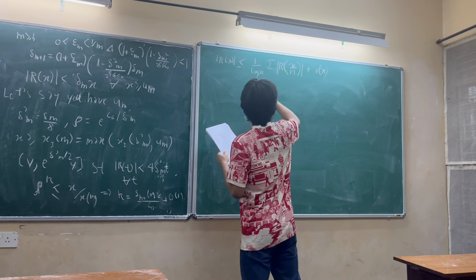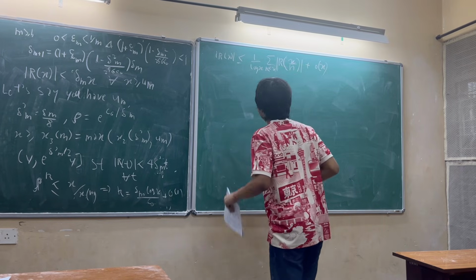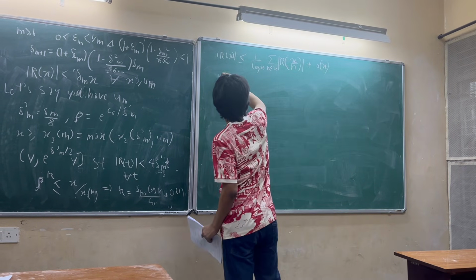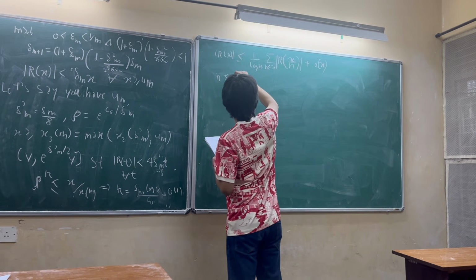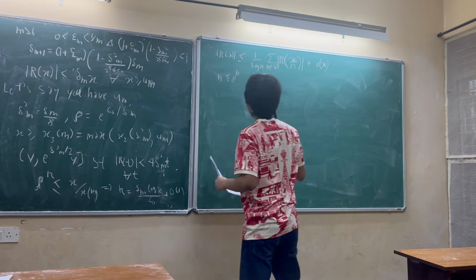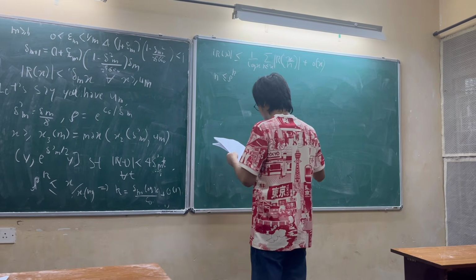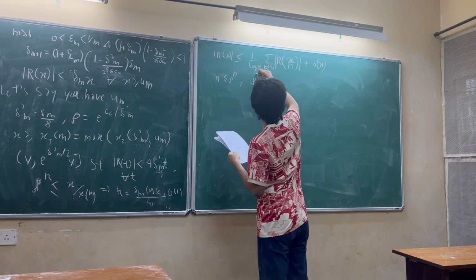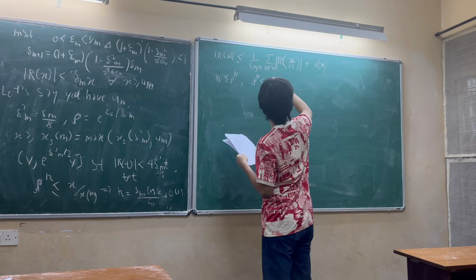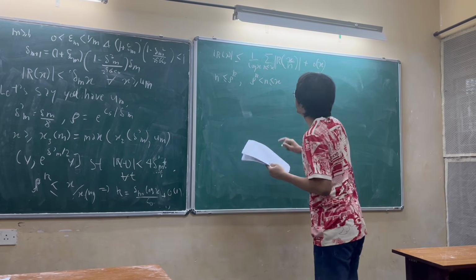Now some easy calculation here. So if you have n less than or equal to x, you split this partition into two parts. You split this into n less than or equal to rho to the power k, where k is the highest power of rho that is less than or equal to x, and the second interval will look like this. For the second interval, you basically split the summation into two parts.